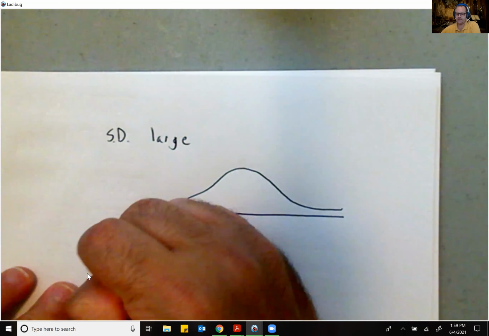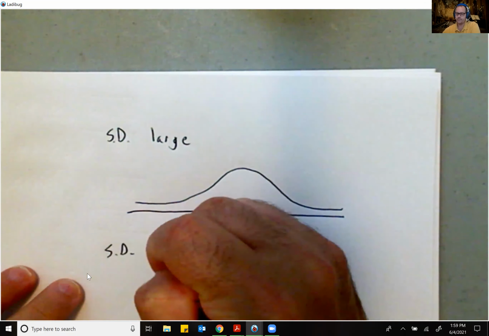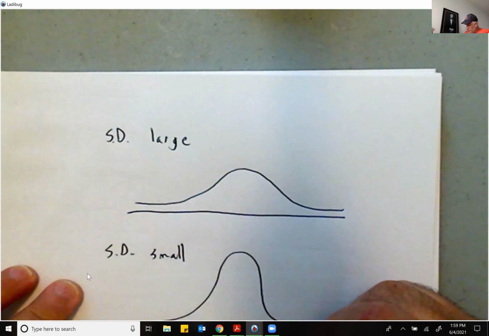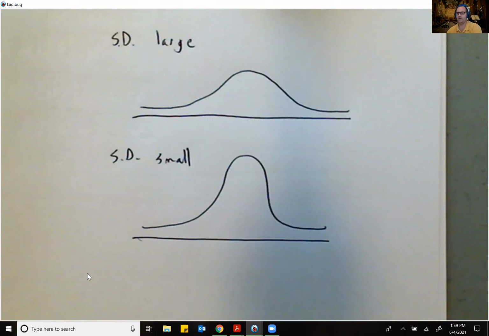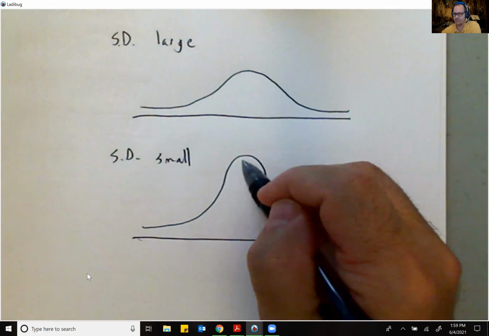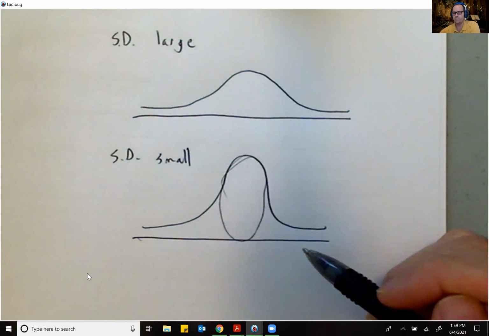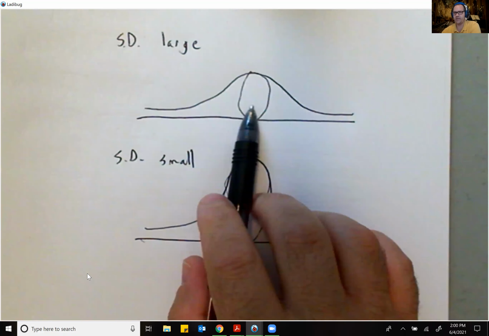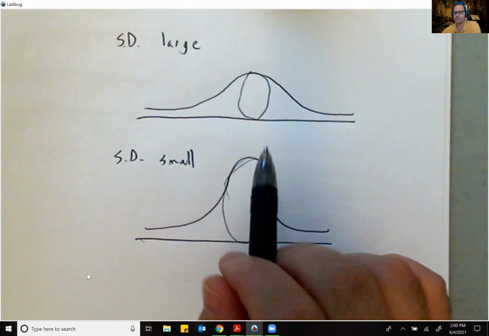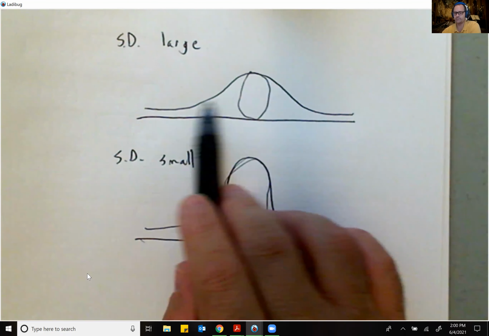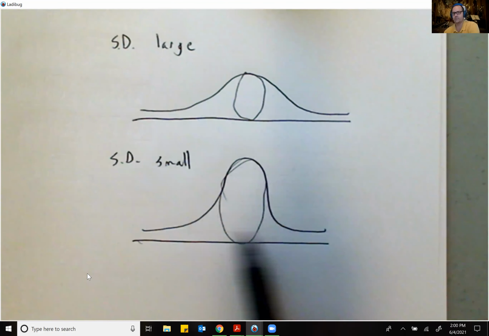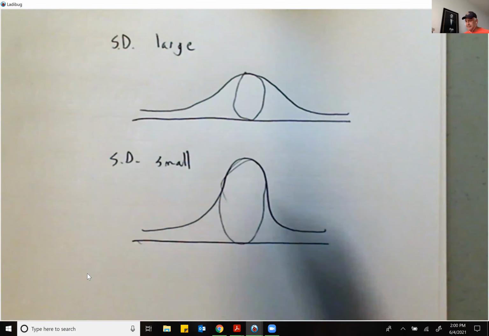When your standard deviation is small, it looks like that in symmetric data, meaning more of my data is clumped together here, where up here, I don't have half as much data clumped together. So I'm more spread out here with a large standard deviation. I'm less spread out here with a small standard deviation. Gotcha. That's the idea.